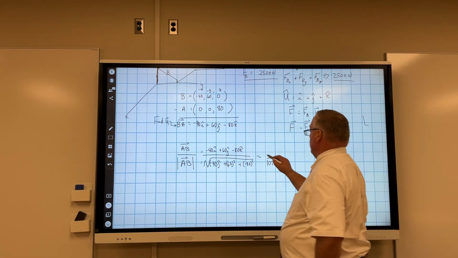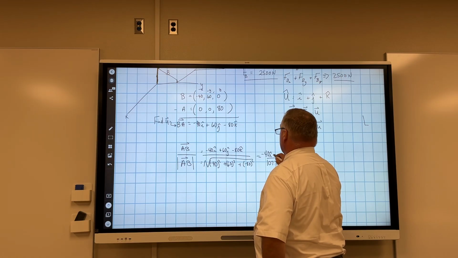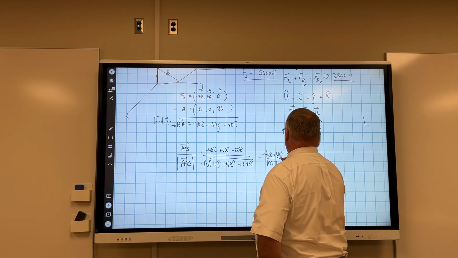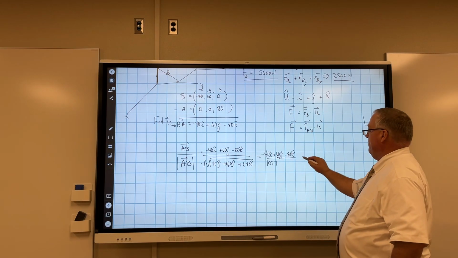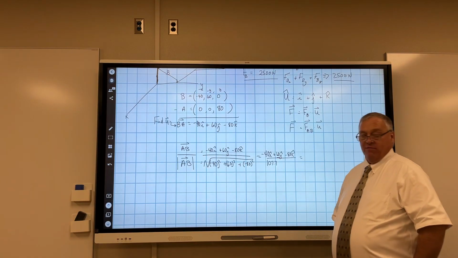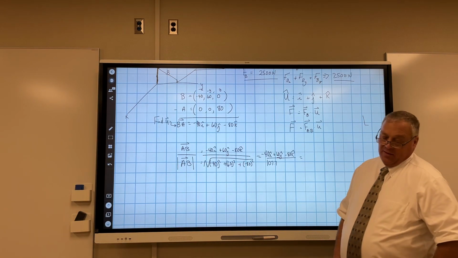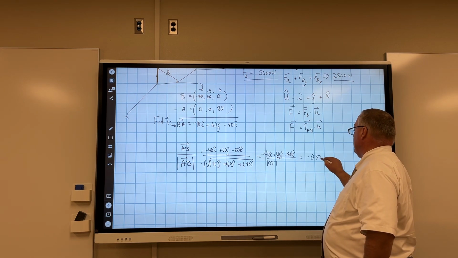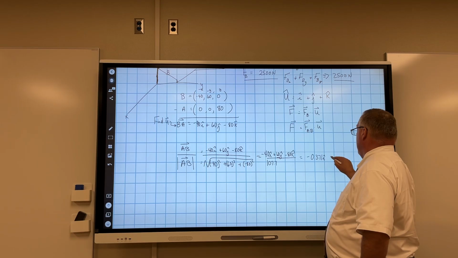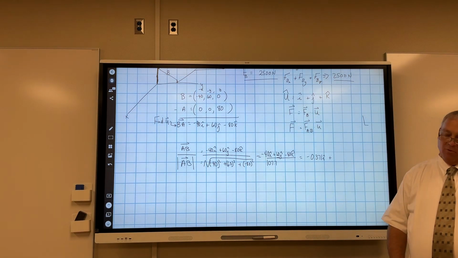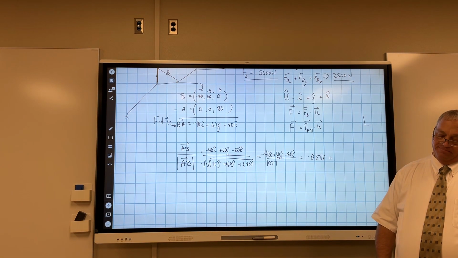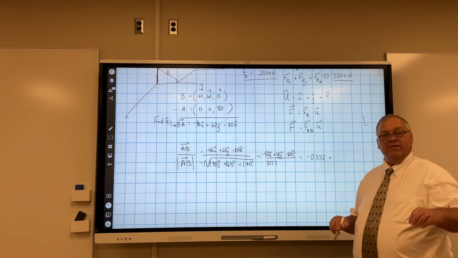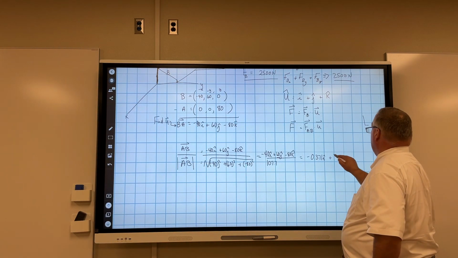Okay. So negative 40 i hat plus 60 j hat minus 80 k hat divided by 107.7 gives me negative 40 over 107.7, which is a negative 0.371 i hat. 60 over 107.7 is 0.557.